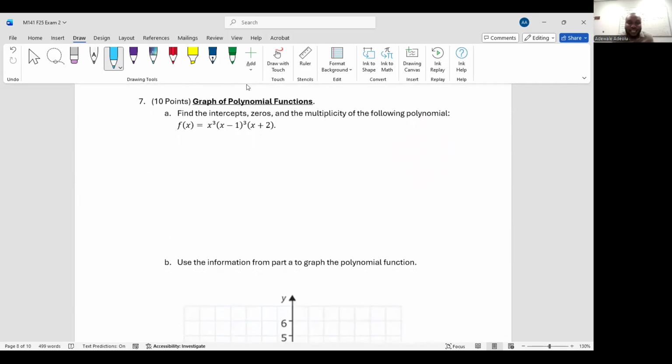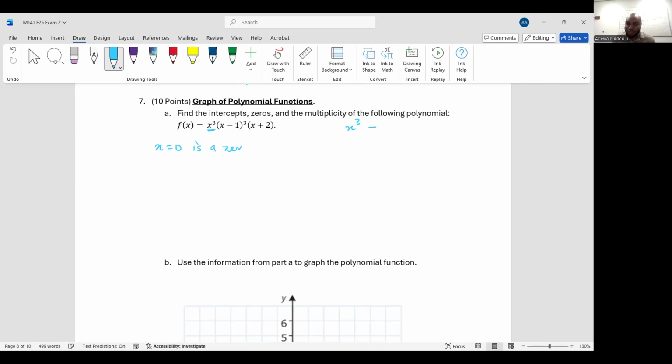Okay, next problem. Find the intercepts, zeros, and multiplicities of the following polynomial. Well, this has x raised to power 3. It means x minus 0 is a factor, or x equals 0 is a zero.